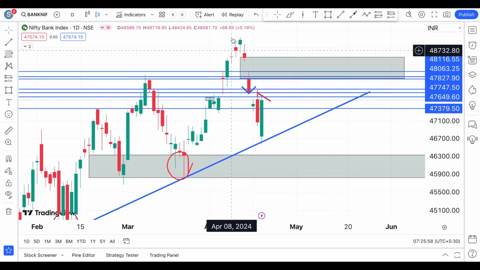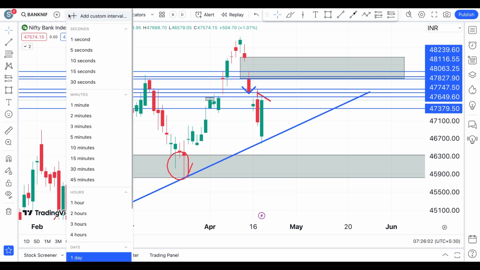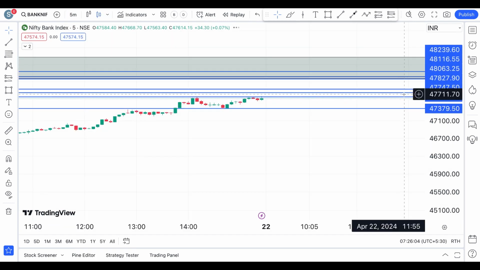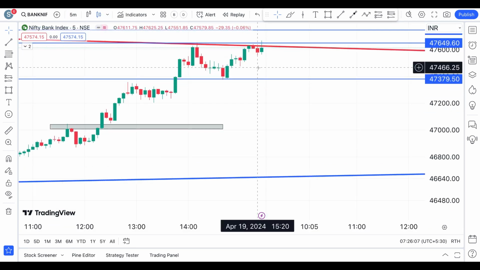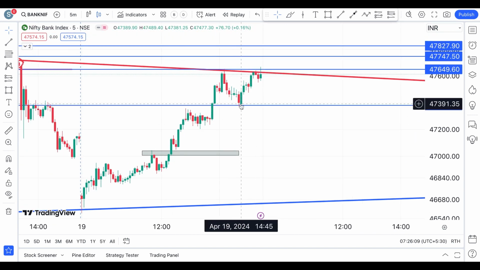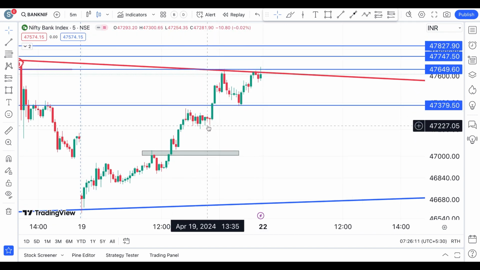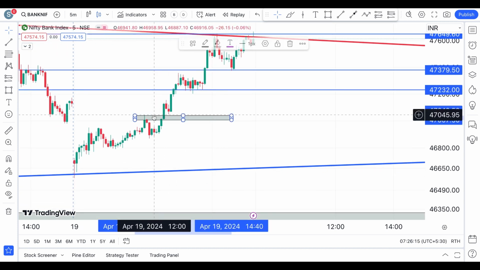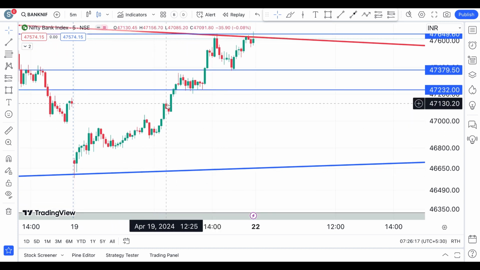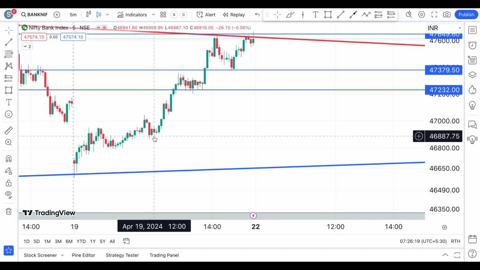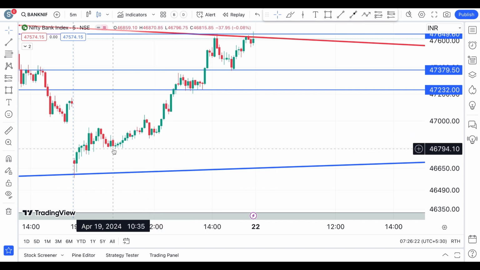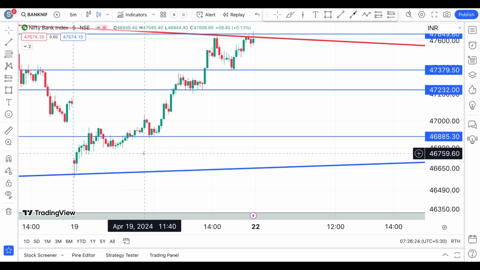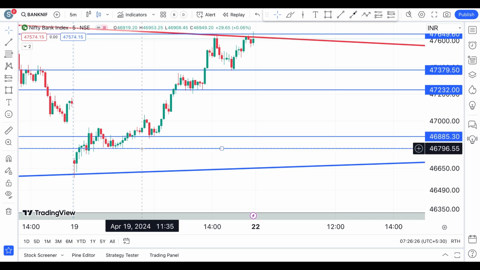On the downside, we have seen all the levels towards the upper side, but let's now come back to our 5-minute chart and see the downside. We have this level, and we should definitely pay attention to it. This is a minor resistance which has already been taken down, but these two are the levels you should pay attention to.